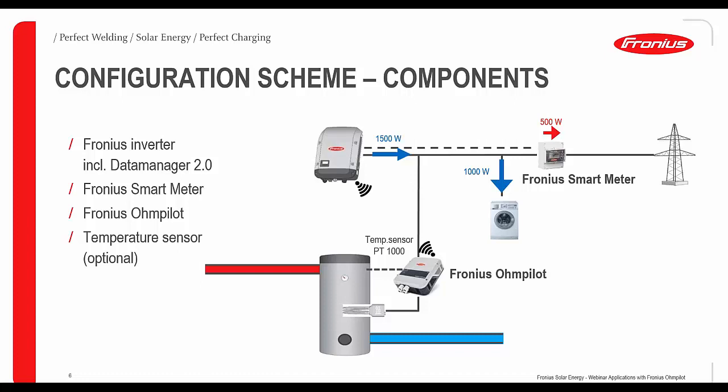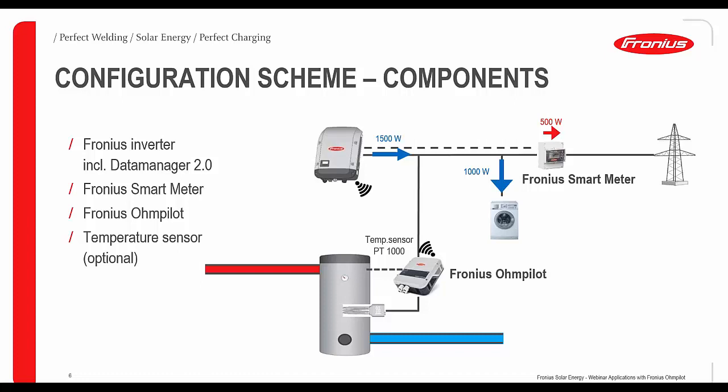So in this scenario here, we have a production of our PV solar generator of 1.5 kilowatt. And in our household, we have a load of 1 kilowatt, let's say. So we have a surplus energy of 500 watt that's usually just sent into the grid.